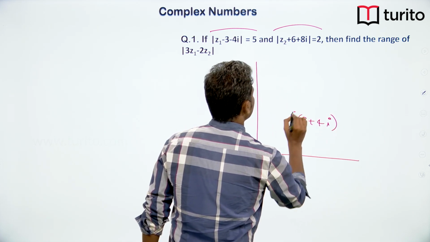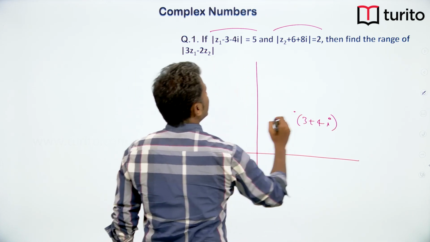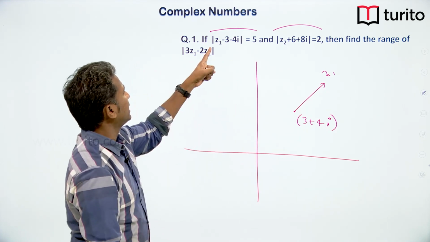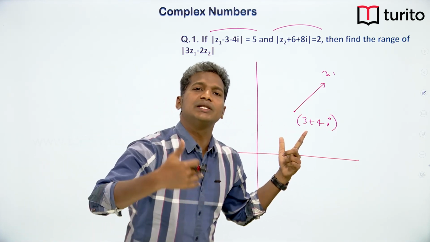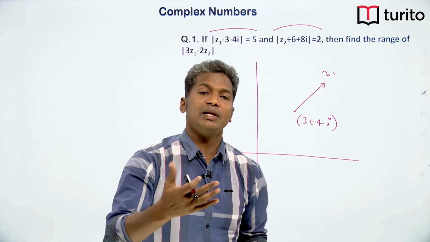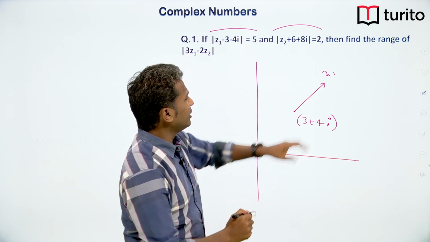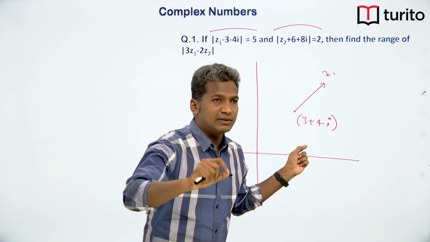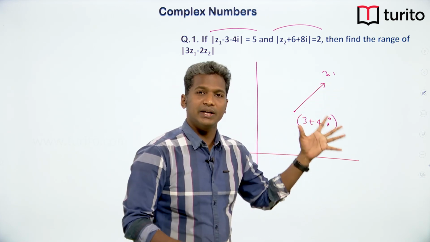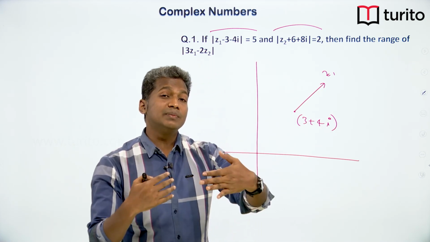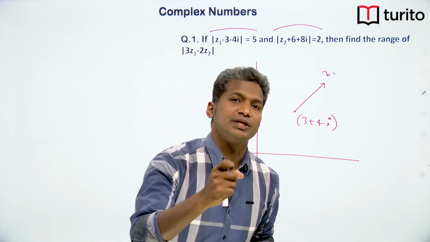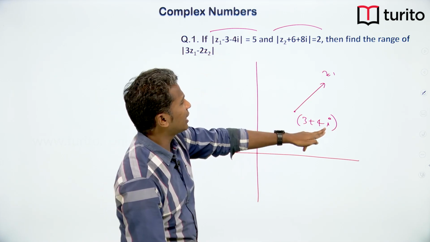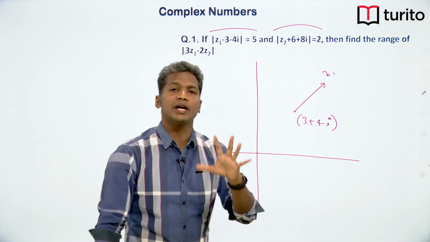Now, z1 is varying, because it is not given as a fixed complex number; we have to take it as a variable complex number. 3 plus 4i is a fixed point, z1 is varying, but the distance between these two points is always constant, which is 5 units.